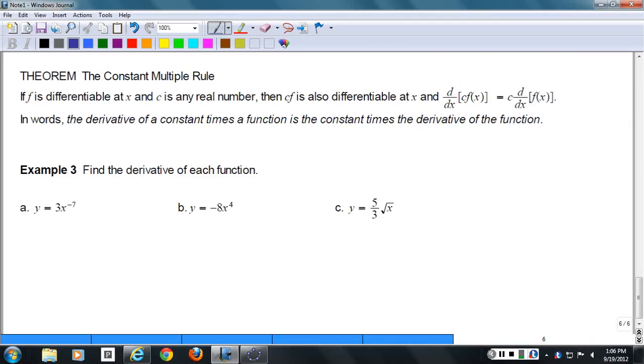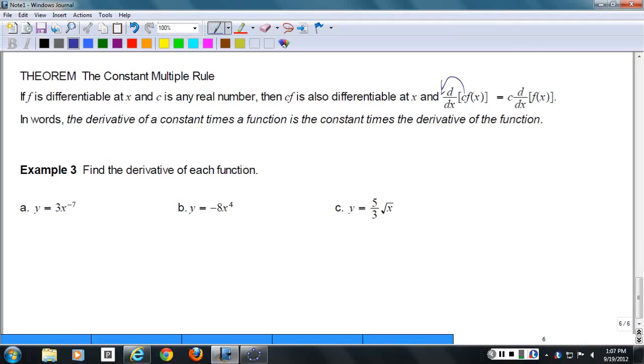Another way of looking at it is the constant can be passed through, or up and over as I've drawn it there, the derivative. You can pass the constant through the derivative. You can't pull an x out of there, but if the constant does not depend on x, you can pass it through. So if we could find the derivative of x to the negative 7th power, and we multiply that by 3, then that would be the derivative of 3x to the negative 7th.